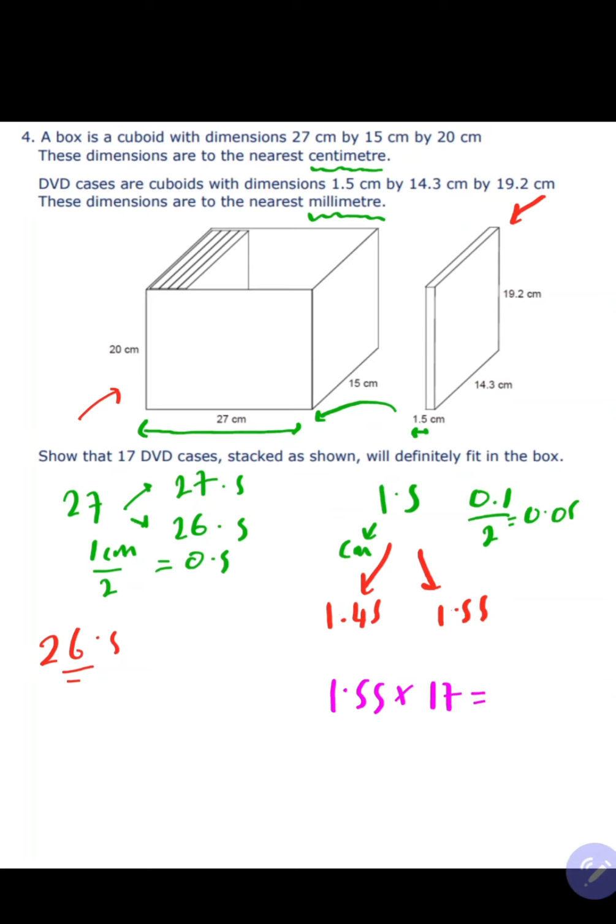If we stick that into our calculator, we will have a combined width of all of the fattest discs stacked together, and that will give us 26.35. Now the question is, is this smaller than the smallest possible width for this length here? That was the smallest possible width. 26.35 is less than 26.5. So therefore, it will absolutely fit.